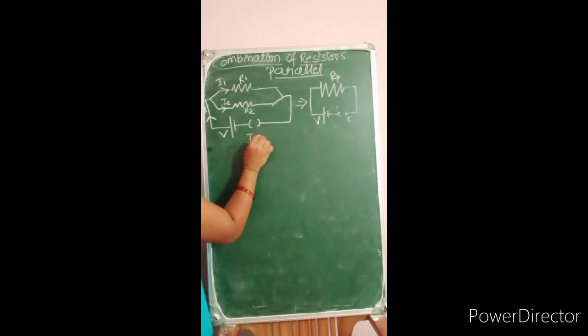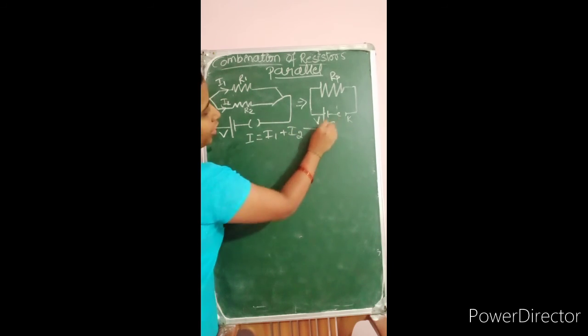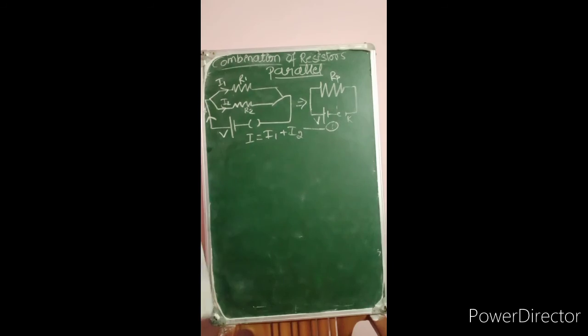That is, the total current I through the combination is taken as I1 plus I2. This is equation number 1. From Ohm's law, we have V is equal to IR.